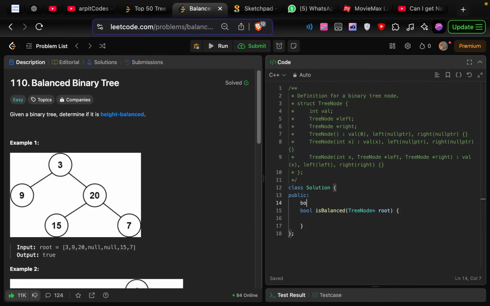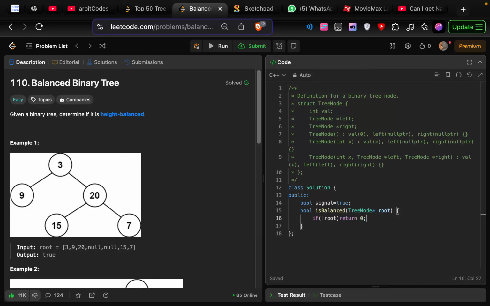So say I create a global variable which is nothing but signal, which is true. So we assume that the tree is balanced at first, and we keep checking on each level.